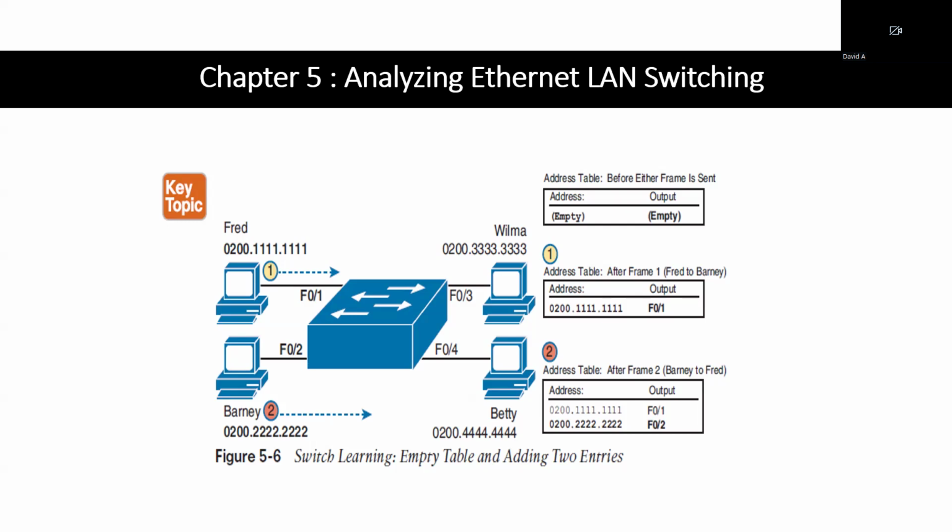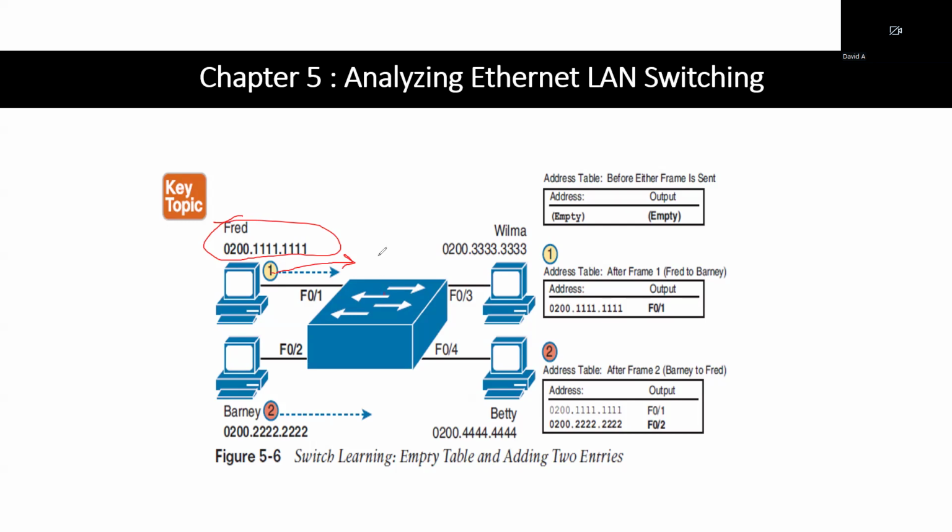Let's say Fred is sending a frame out of the interface on his PC. Let me get my pencil so it can help out. Fred is forwarding it to the switch.